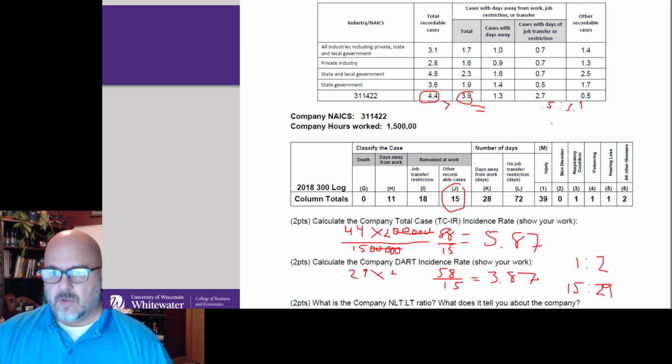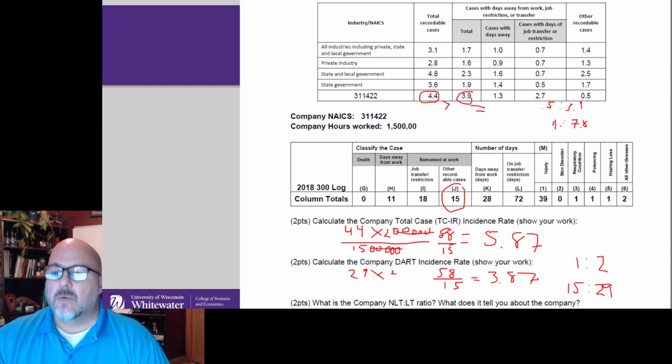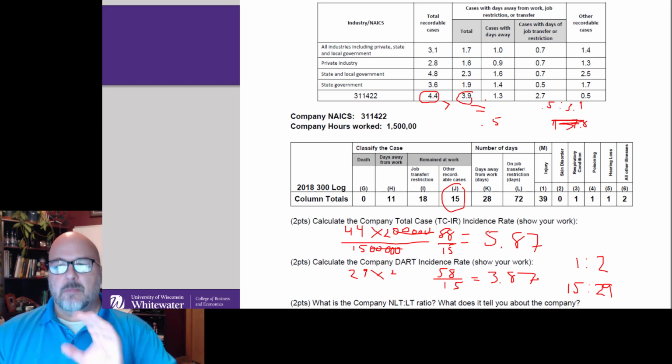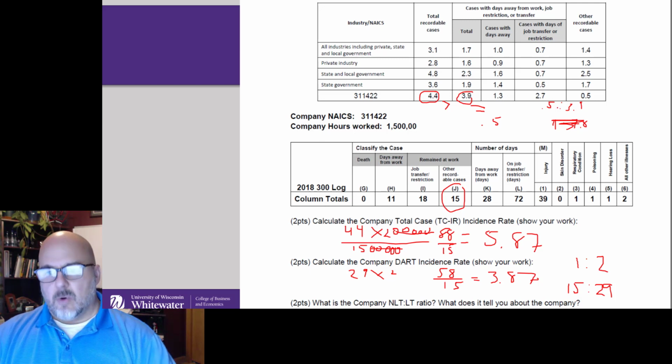Wow. So they're actually a 1 to 7.8. Wait, I did that wrong, didn't I? It's 0.5, so it would be 1 to a lot more. It's very bad. So it's 1 to 8 basically.